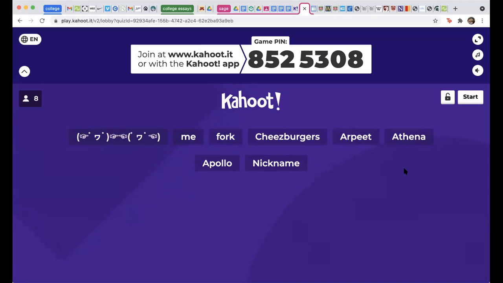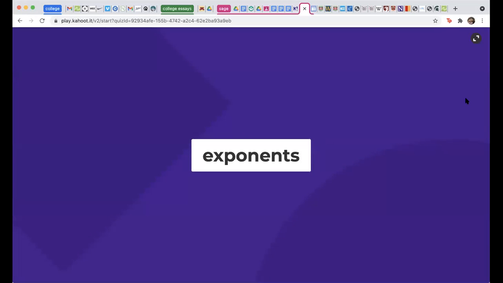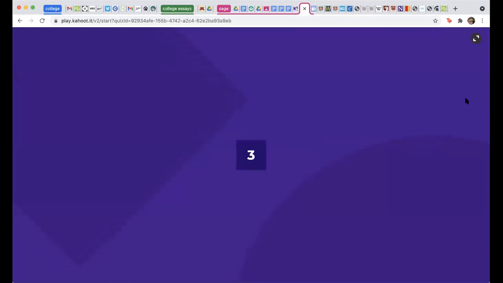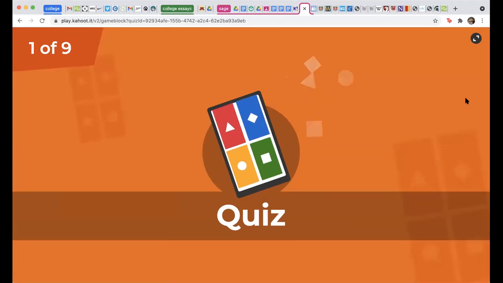Count to 20. Guys, come on, join. I counted to 20. Okay, now we're starting. Yay, exponents. Okay, how many people are playing? 9, I think. 8.